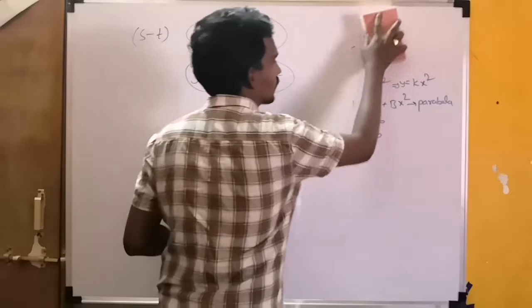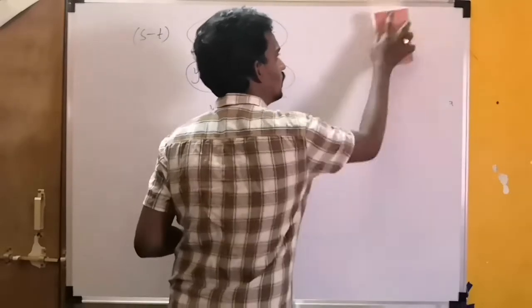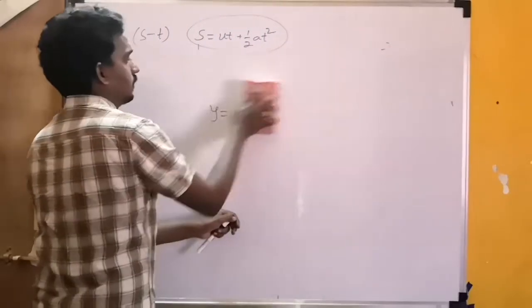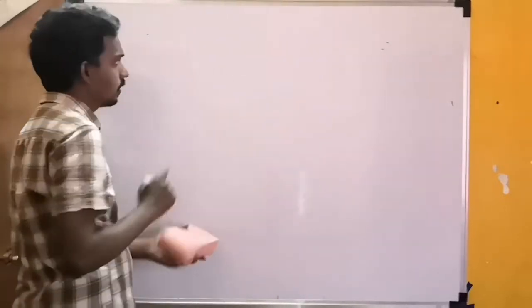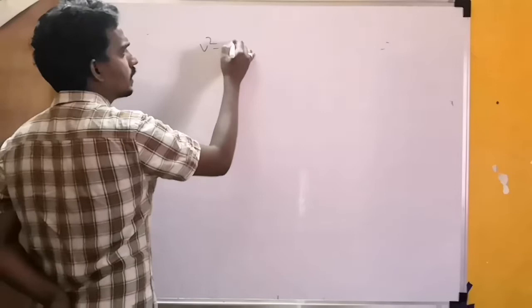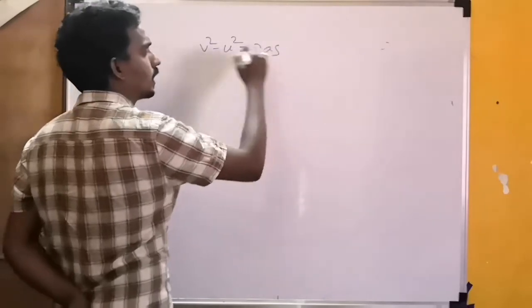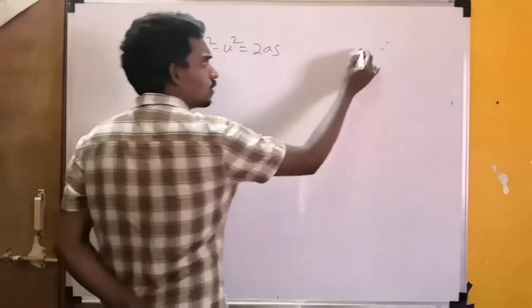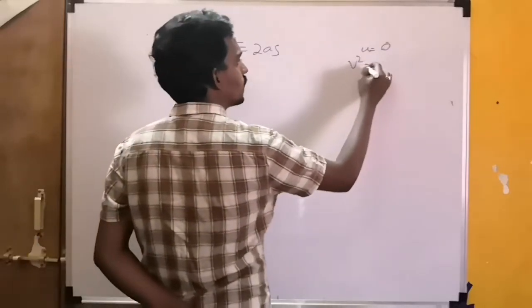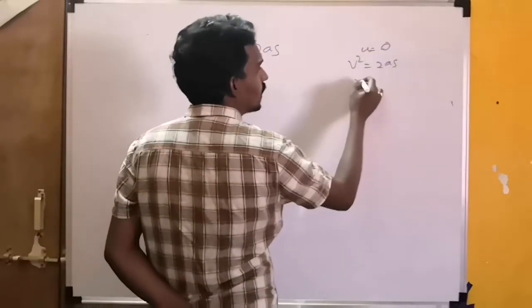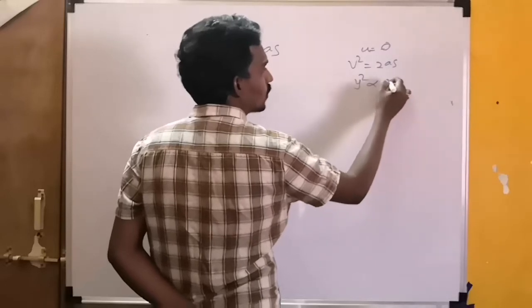Now one more thing is also important, like v square minus u square equal to 2as. Here also we took the condition u equal to 0, so v square equal to 2as, then y square proportional to x.